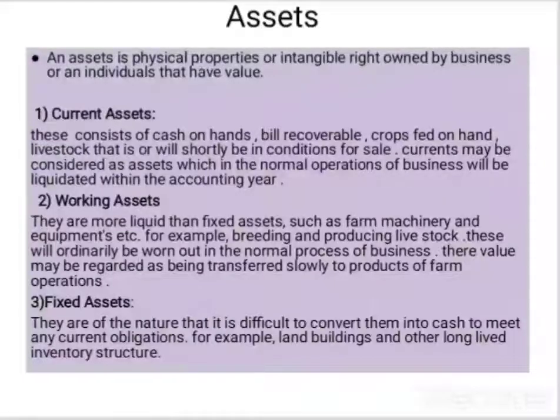You just have to go to the bank and take the money. Bills receivable, where someone has to give you some money, are also easy to convert into cash. So that is the difference between current assets and fixed assets. Current assets are easy to convert into cash, and fixed assets are very difficult to convert into cash.